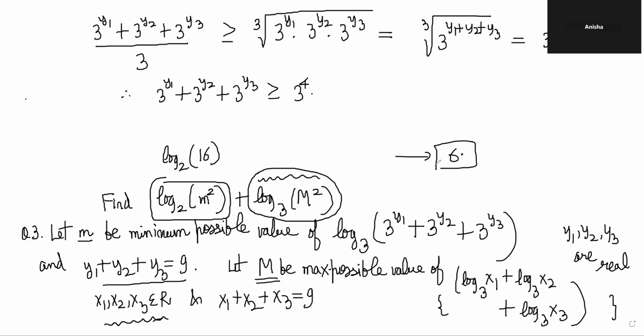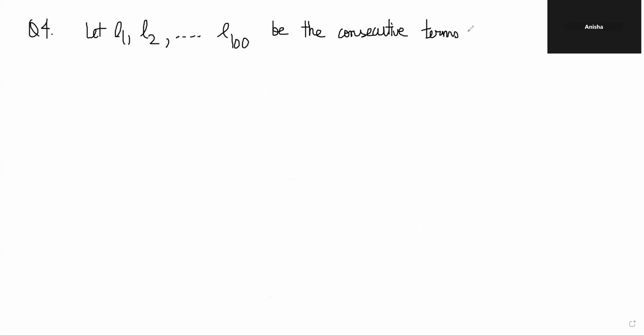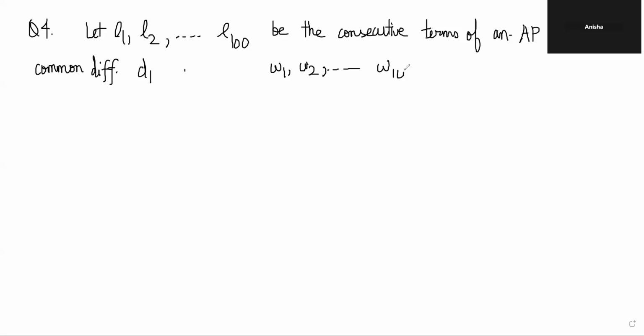Okay, next question is: let L1, L2, till L100 be the consecutive terms of an AP with common difference D1, and W1, W2, till W100 are consecutive terms of an AP with common difference D2.